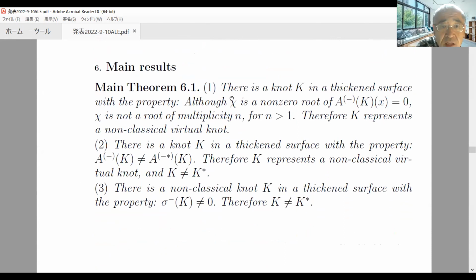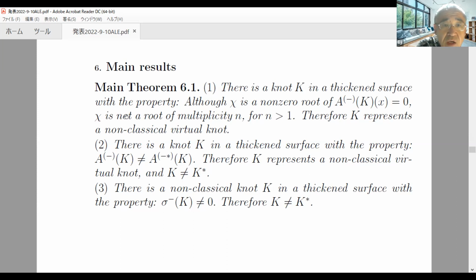So the twin Alexander polynomial for virtual knots or links in thickened surfaces has a different property from the classical case. Minus K and minus K star are different.